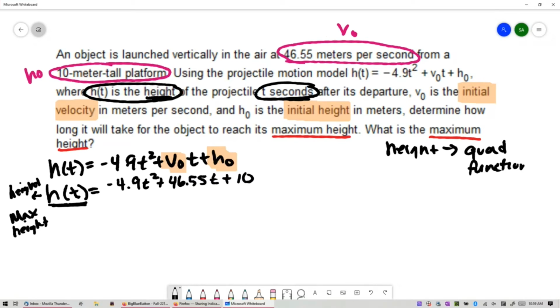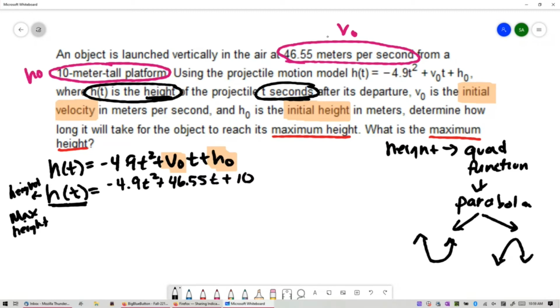What do we know about the graph of a quadratic function? It's going to be a parabola. And there are only two ways that we can draw a parabola that's a function. We can draw it like this, facing up, or we can draw it like this, facing down. Because that leading coefficient a is negative 4.9, we know that the parabola is going to be this one here, the down-facing parabola.